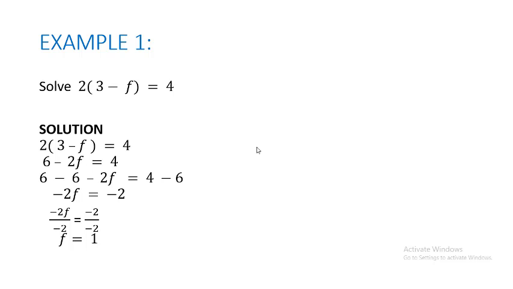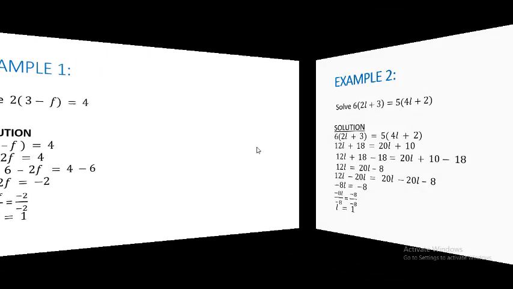We are remaining with the negative 2f. And 4 minus 6, the answer is negative 2. So for us to find the value of f, we are going to divide both sides by negative 2. So if we divide, we'll find that f is equal to 1. So that's how we work out these particular equations.